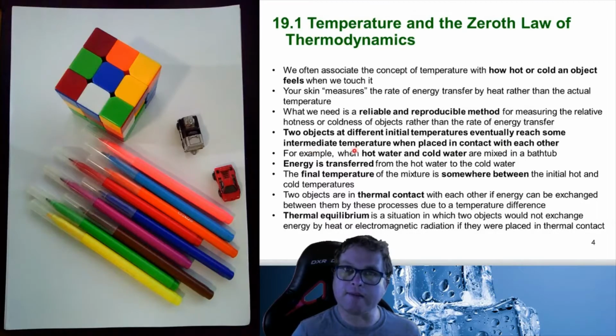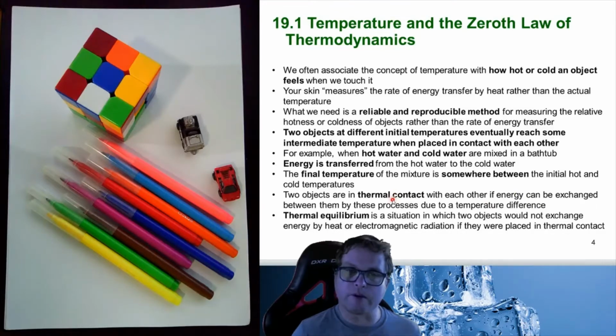By intermediate, they mean some temperature between the temperature of the hot object and that of the cold object. For example, when hot water and cold water are mixed in your bathtub, then energy transfer takes place from the hot water to the cold water, and the final temperature of the mixture is somewhere between the initial hot and the cold temperatures.